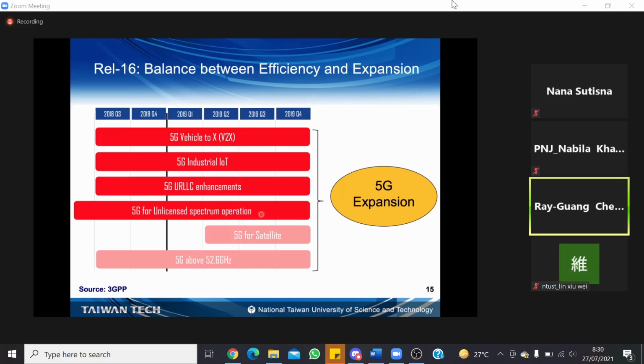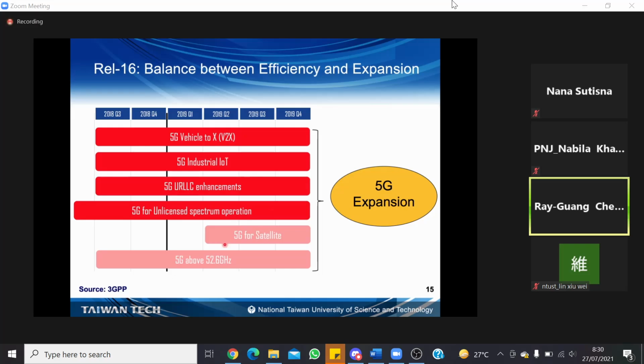As you saw in the last part of the video, they mention LAA. So-called LAA is where they try to use unlicensed band for 4G. So in 5G, they also have 5G unlicensed spectrum operation. They want to use the frequency band reserved for Wi-Fi to enhance the standard.